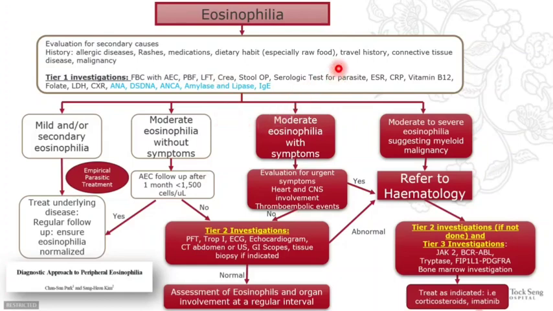If there is a suspected parasitic cause, I would send a stool ova and parasite, and serologic tests, especially for strongyloides as well. ESR, CRP, vitamin B12 and folate, LDH, and chest X-ray.